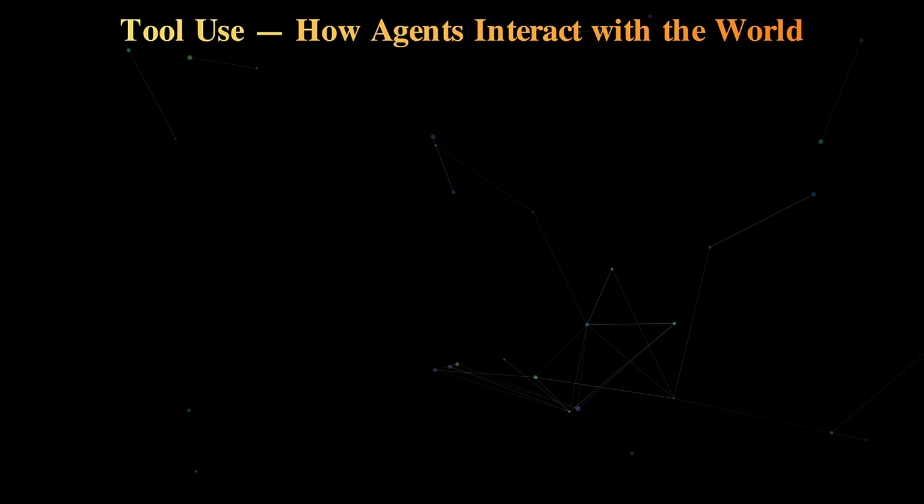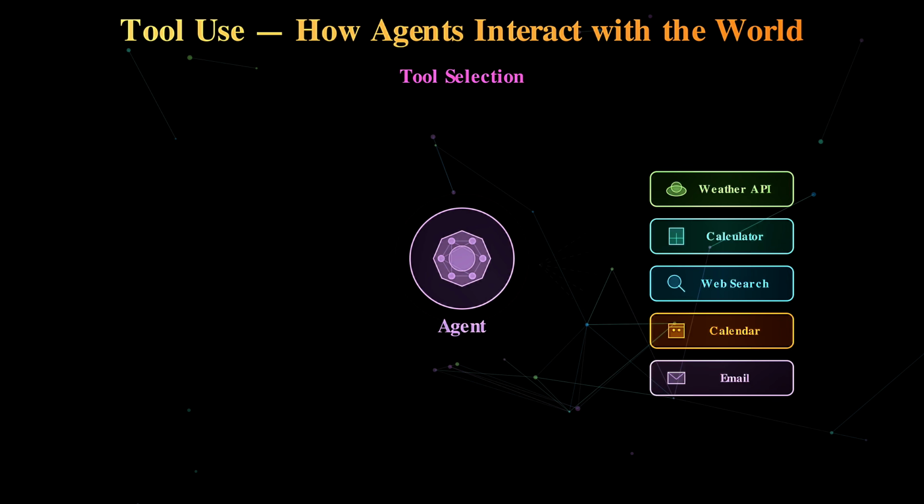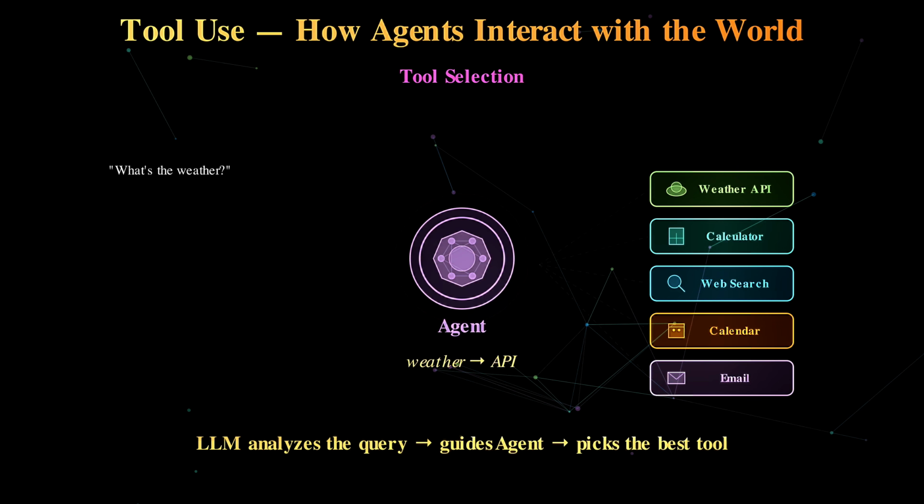So now agents can connect to any tool through MCP. But when dozens of tools are available, how does the agent pick the right one? It comes down to the LLM's reasoning. Given the user's request and the descriptions of available tools, the LLM determines which tool, if any, is the best fit. For what's the weather? It selects the weather API.